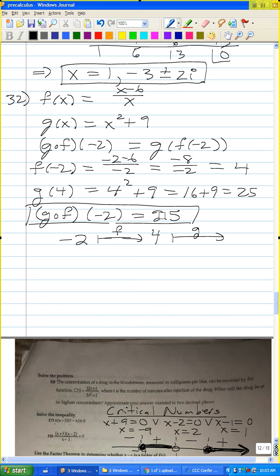I then plug the 4 into g to get 25. And that gives me my composition. So you first plug in the negative 2 to f. Whatever output you get, you plug that into g. The output for that is your answer. 4 squared is 16.